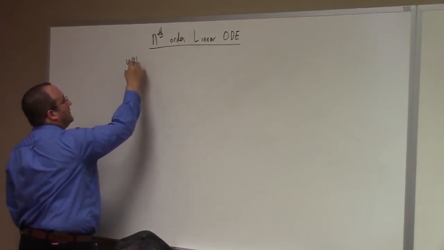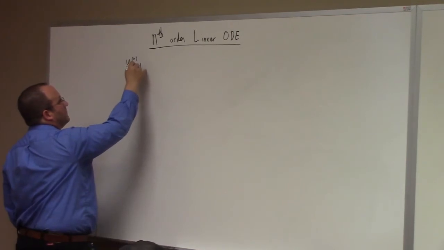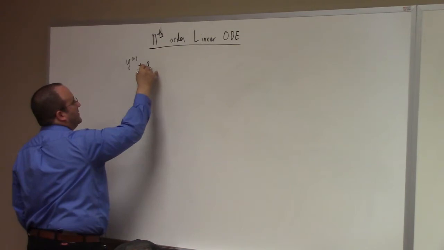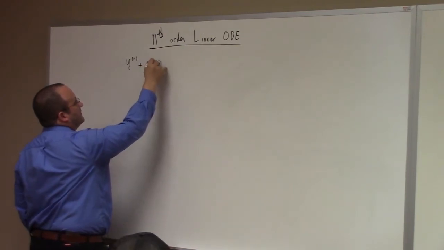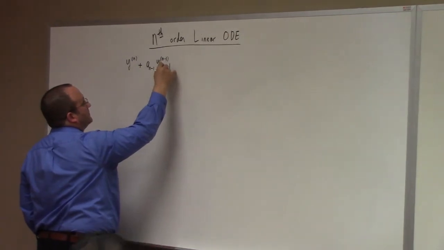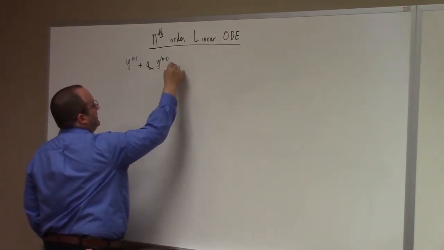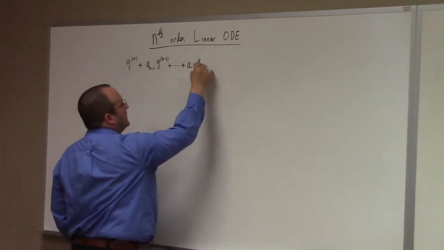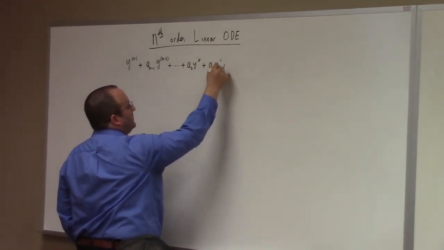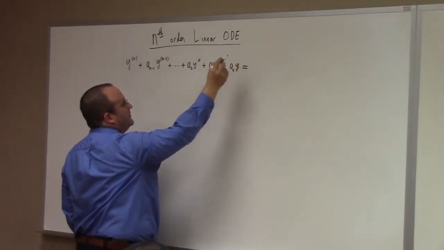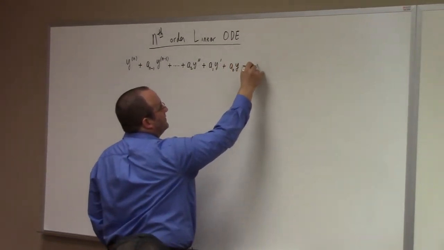y^(n) plus, let's say, a_{n-1} y^(n-1), plus dot, dot, dot, plus a2 y double prime, plus a1 y prime, plus a0 y equals g.